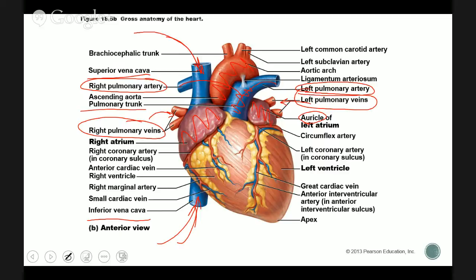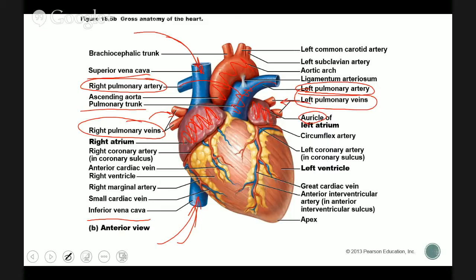And the auricles are like these flaps, but they're there to allow for an increased amount of blood to enter the atrium. So if for some strange reason you get an unexpected increase in the amount of blood coming to the heart and you need an extra little bit of space or wiggle room, the auricles can fill up with a little bit of blood to give you some more capacity.